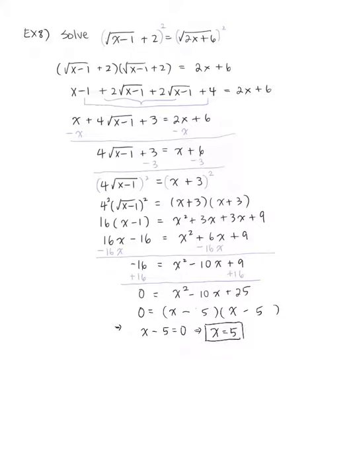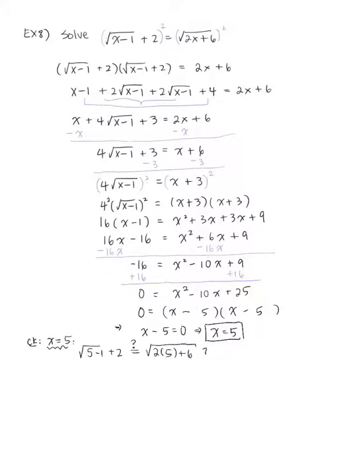Alright, now we check. When x equals 5, is it going to satisfy our equation? So we're going to plug that in. Square root of 5 minus 1 plus 2, is that going to equal the square root of 2 times 5 plus 6?